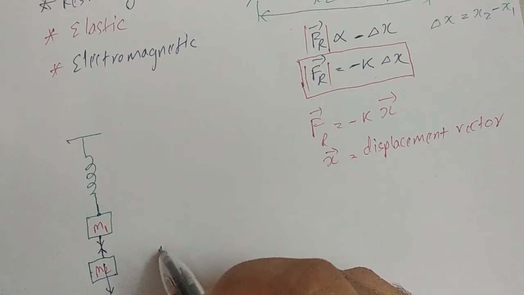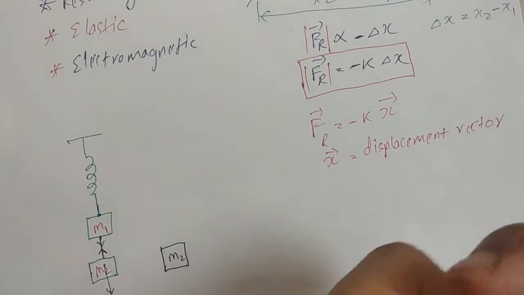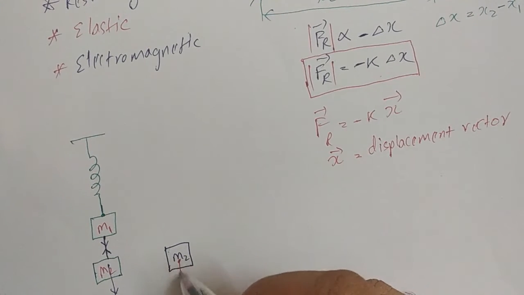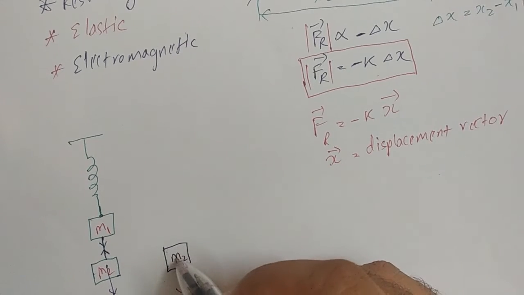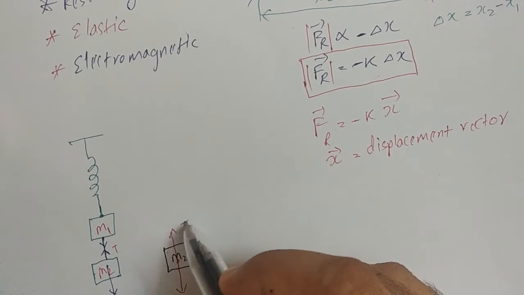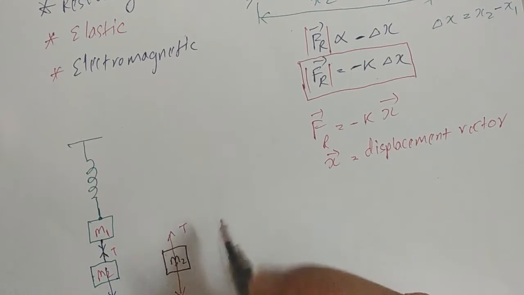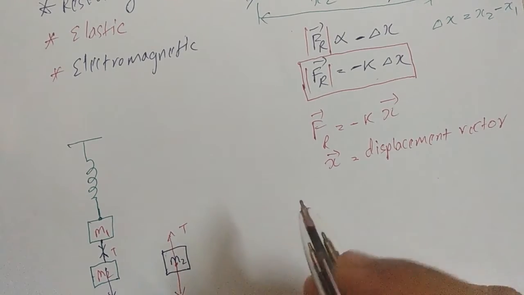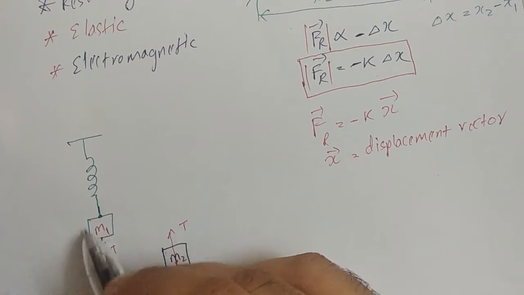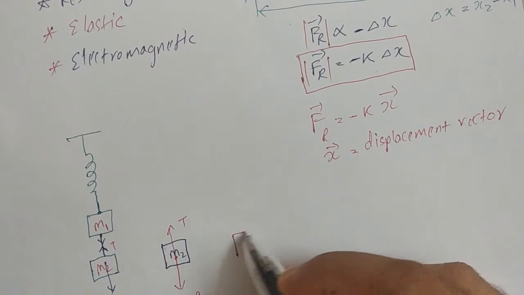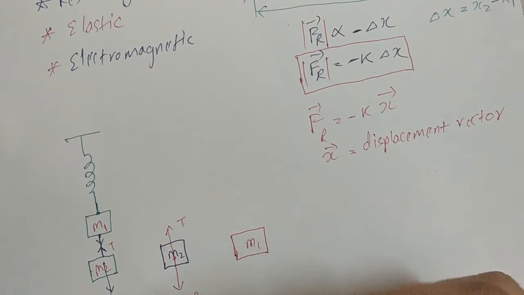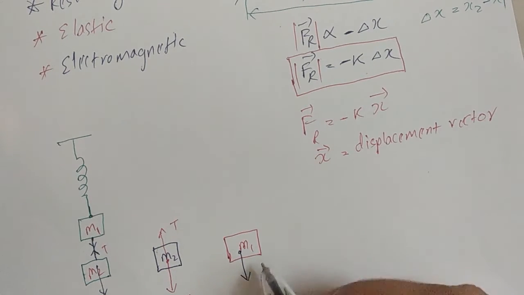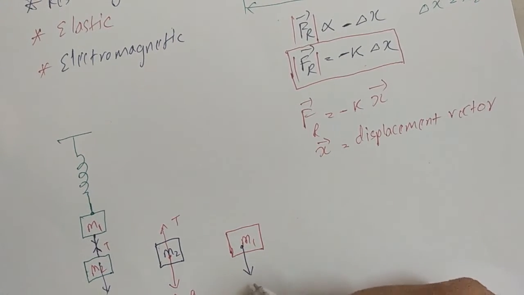If you isolate this block, then there is a gravitational force acting in this direction and a tension force acting in the opposite direction, such that it is trying to pull the block. Also, if you take the case of this other block, the mass of this block is m1, and there is a gravitational force or the weight acting in this direction.